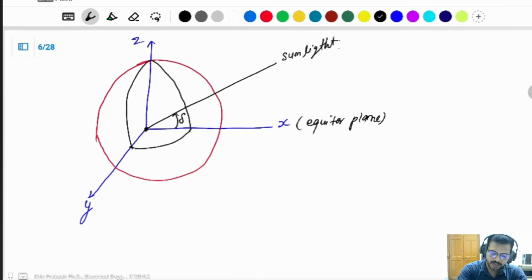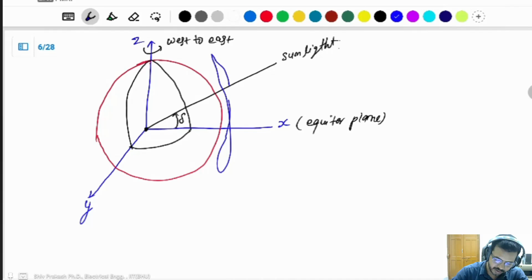But the earth is rotated from west to east, and this sunlight varies from here to here, like that.